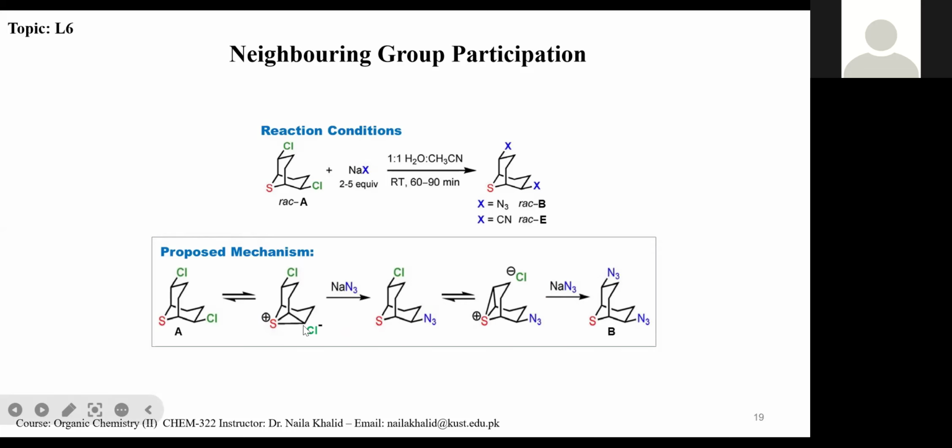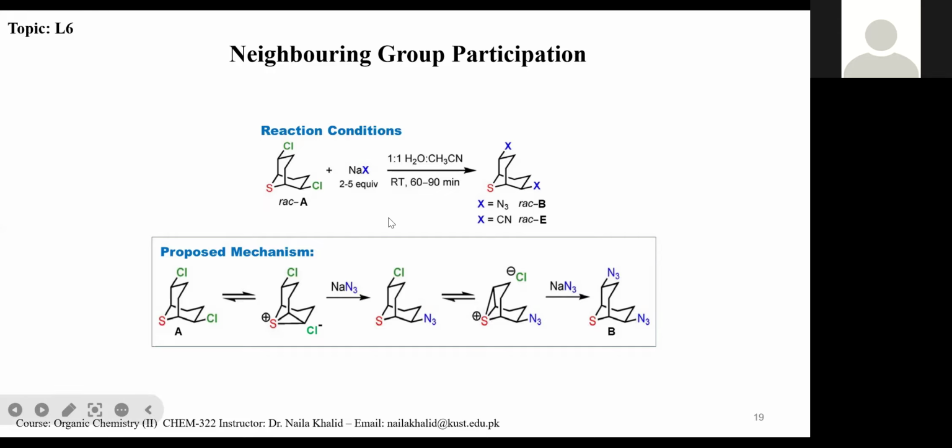So azide will attack over here and this will be opened and you will get this type of product, right? If here is also a nucleophile leaving group, it can also interact over here and another azide can attack over here. So if there are two leaving groups, consecutively one azide group comes here and another azide group comes here, another nucleophile.